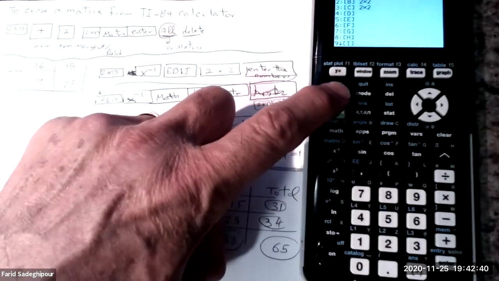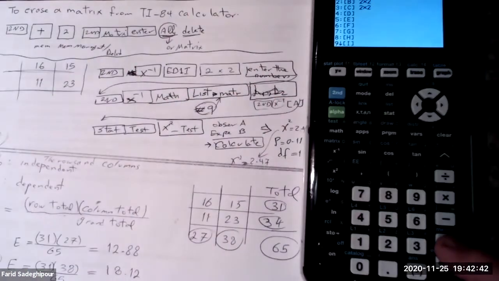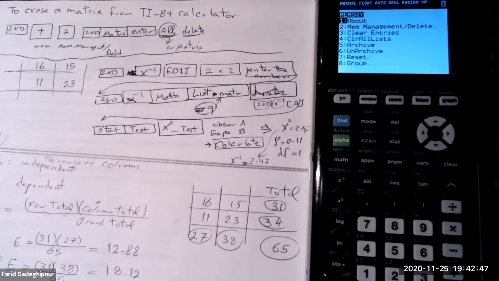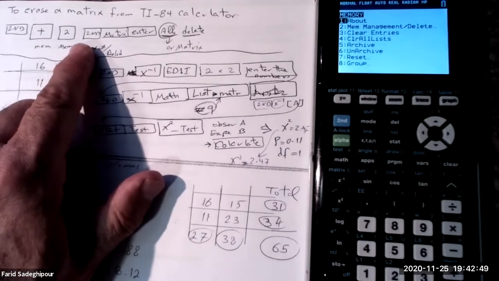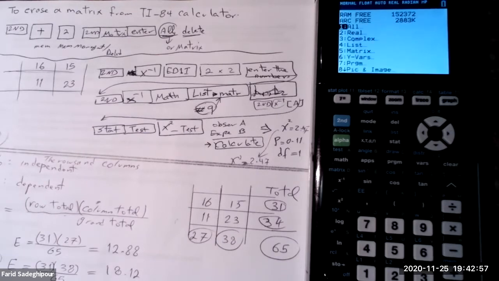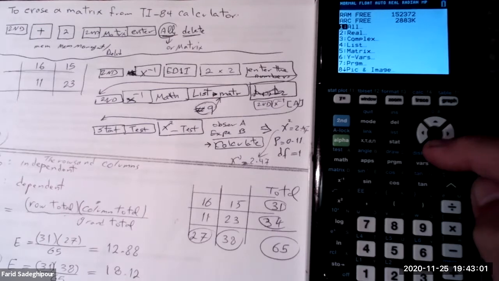Second, plus, now number 2 is memory management. Go to that. Okay, enter. Do you want everything erased? No, I just want a matrix.